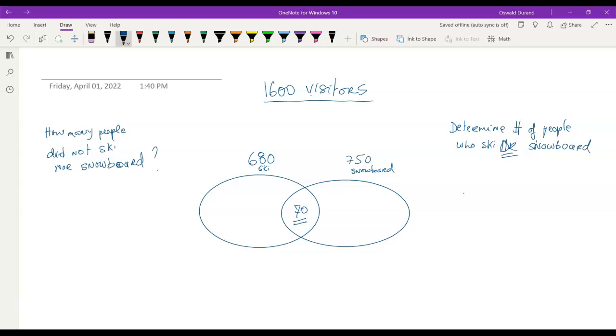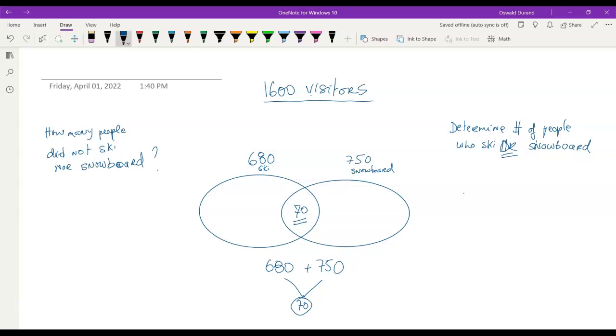All right. So how do we determine that? Let's say I do 680 plus 750, right? You have to assume that in the 680, I have the 70 people who do both, and in the 750 I also have those 70.